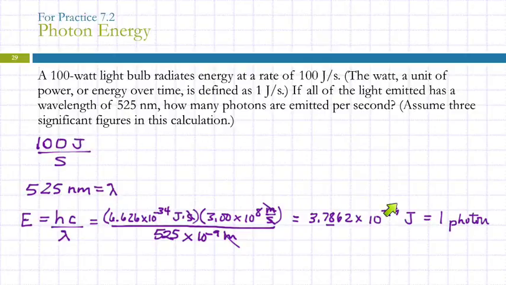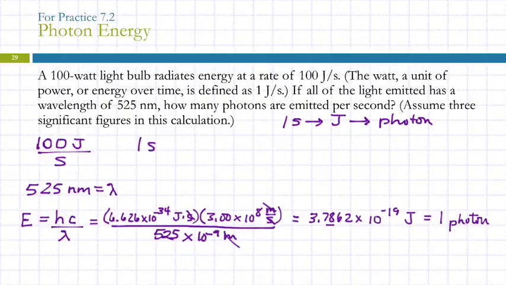So I could convert joules to photons, and then I'd have photons per second. Another way to do it is to say, well, I have 1 second, how many photons? So if I have 1 second, I can convert that to joules, because I know there's 100 joules per second. And I know the energy of 1 photon, so I can convert that to the number of photons. And that's the number of photons in 1 second. So that might be the one that's more straightforward.